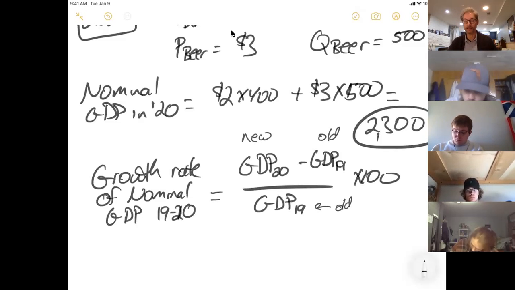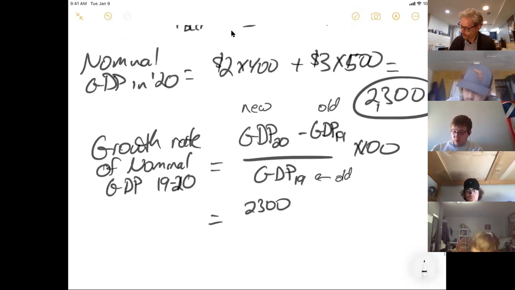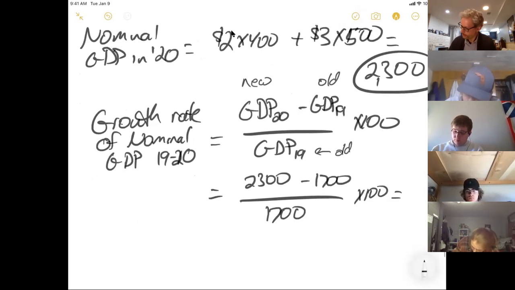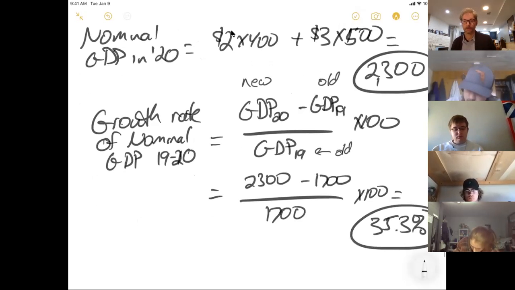It's new minus old divided by old. So in this case, our new GDP would be 2,300. Our old GDP would be 1,700. We divide by 1,700, multiply by 100. Nominal GDP went up by over 35%.